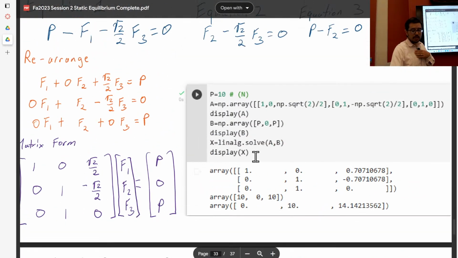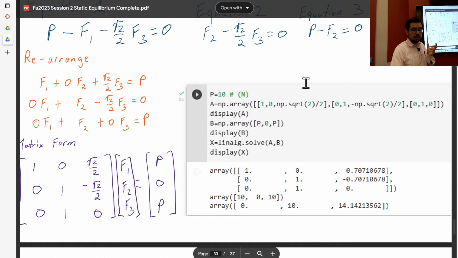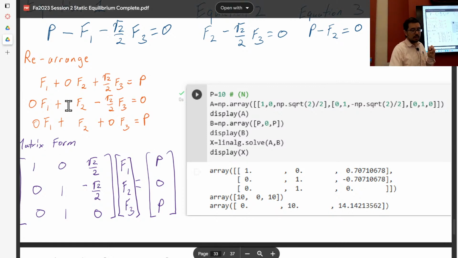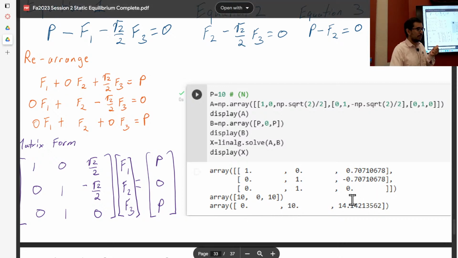Note that the code here is using some linear algebra, which is not a requirement for the class, and you can essentially set up a linear system of equations that then solves for these internal forces, and it spits it out in this array. This one right here is F1, this one right here is F2, this one right here is F3.